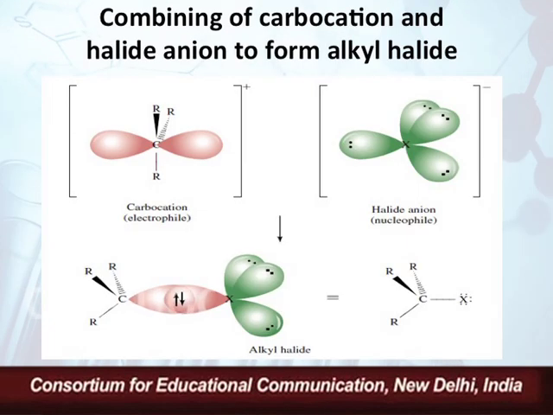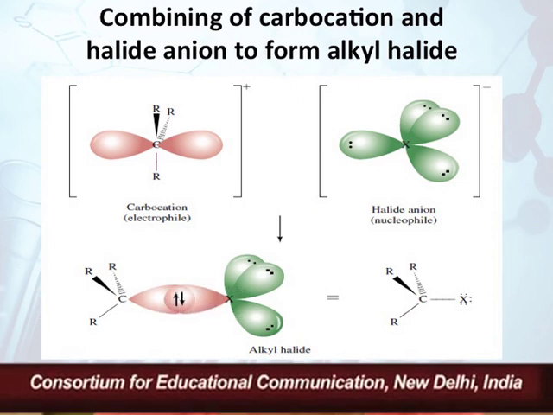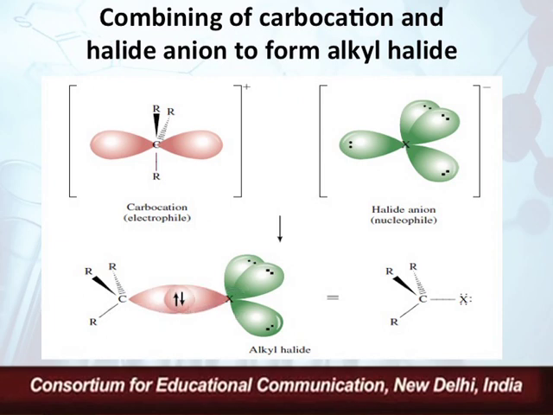Now if we look into this reaction from the structural perspective, we find that carbocations act as strong electrophiles, since in them the carbon has a positive charge and it has an empty p orbital, whereas the halide, which is acting as a nucleophile, is complementary in structure to the electrophile.